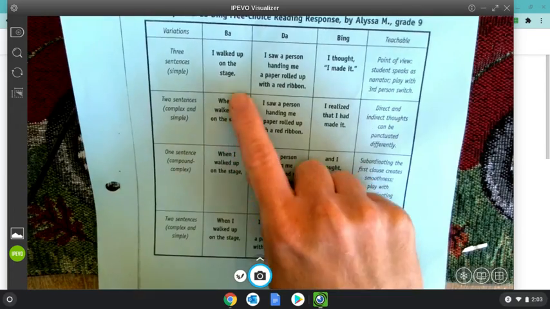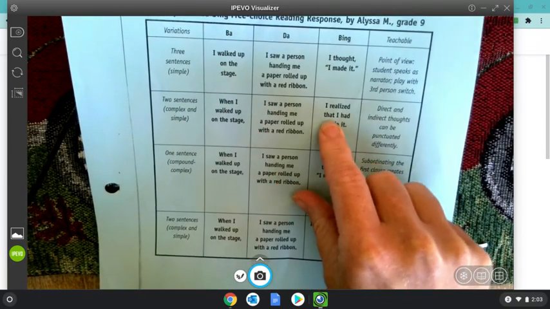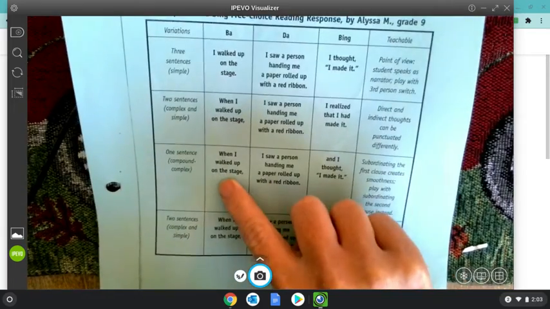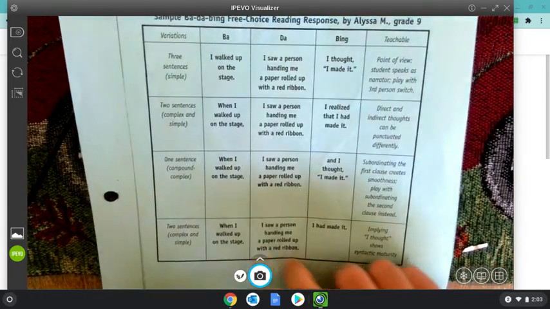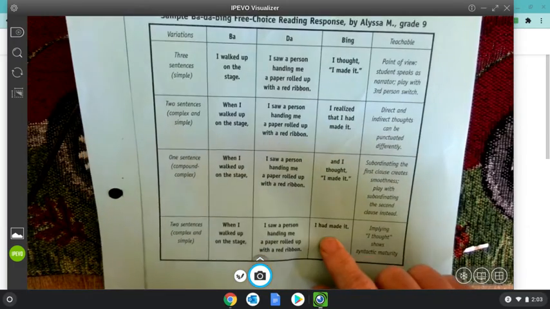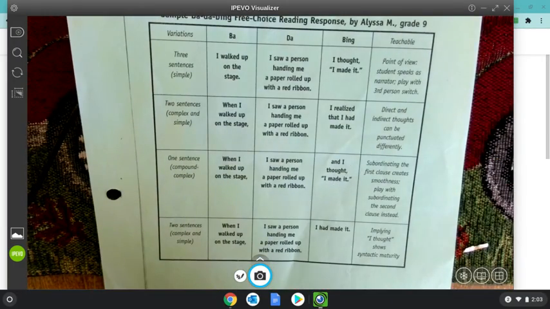In this example, the ba and the da are one sentence, and that's a third. In the third example, you just have one sentence. This is a sentence and that's a sentence. So it leaves a little openness for the author to have some autonomy and make some choices.